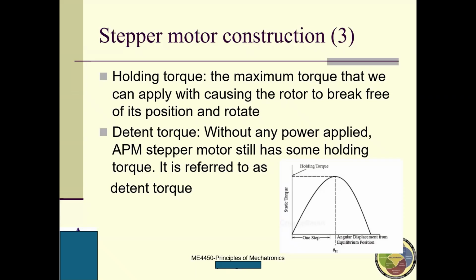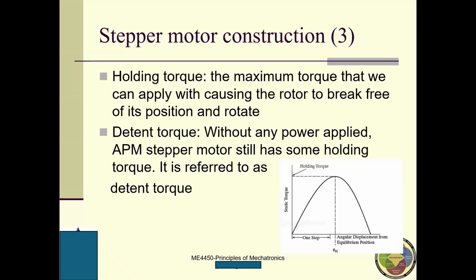The second concept is detent torque. Without any power applied, if you have not applied any power, and this is a PM step motor, a permanent magnet step motor, it still has some holding torque. This holding torque is referred to as the detent torque, even before you energize it.